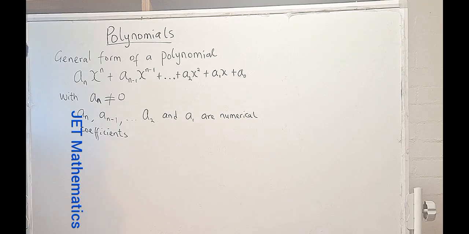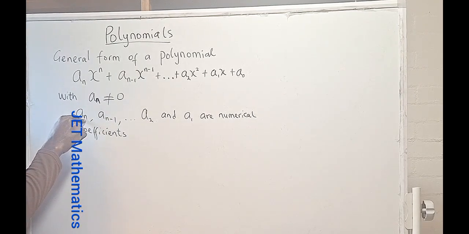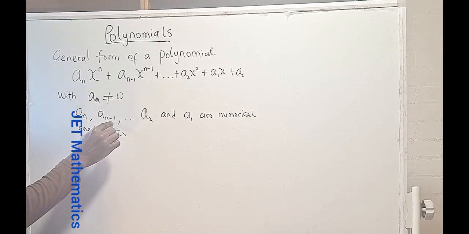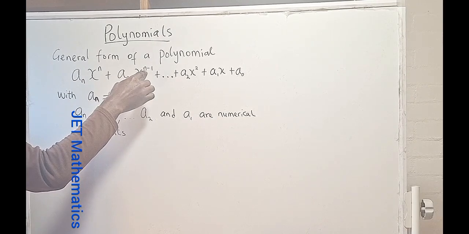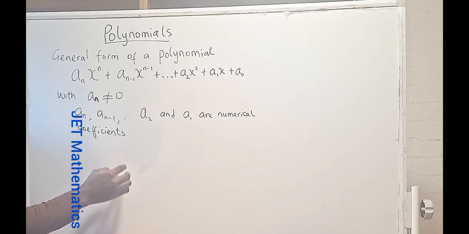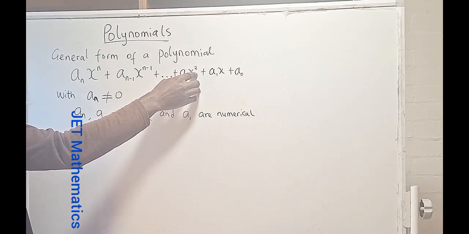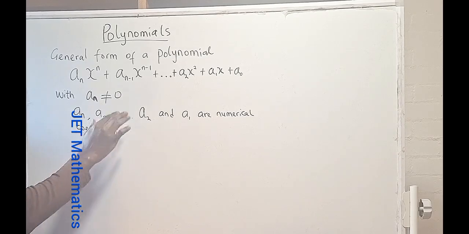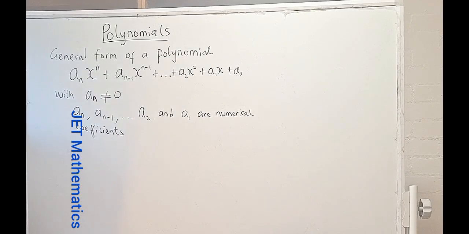That is to say that a_n is the coefficient of x raised to the power of n. a_(n-1) is the coefficient of x raised to the power of n minus 1. Then a_2 is the coefficient of x squared, and so on. So all these, a_(n-1) to a_1, are numerical coefficients.